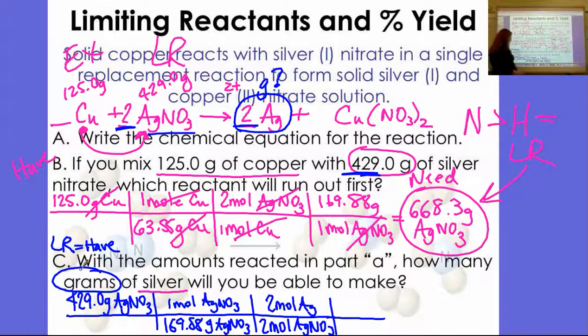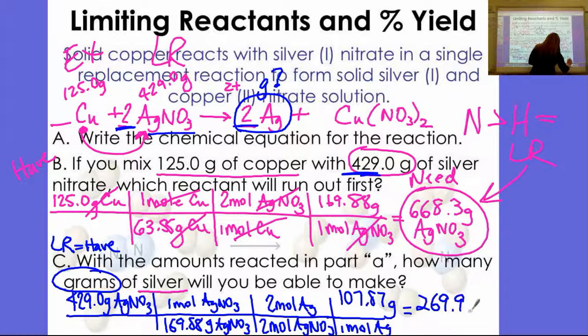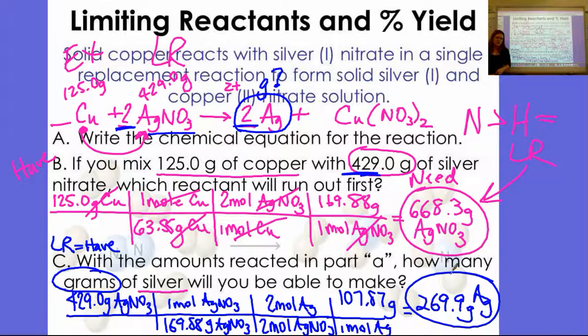I have to get to grams. So 1 mole of silver, looking at the periodic table, is 107.87 grams. Calculating that through, I am able to make 269.9 grams of silver before my silver nitrate runs out and my reaction is over.